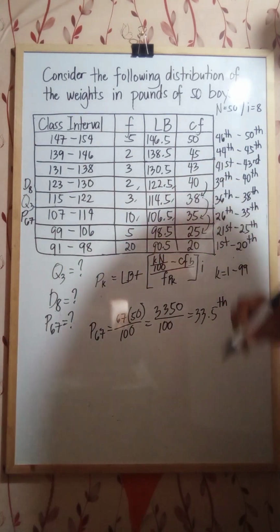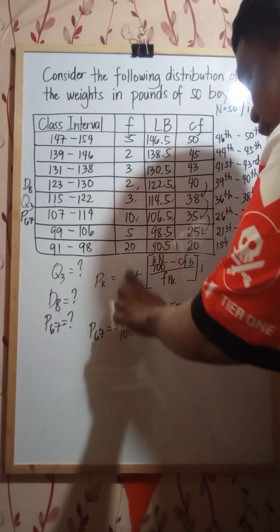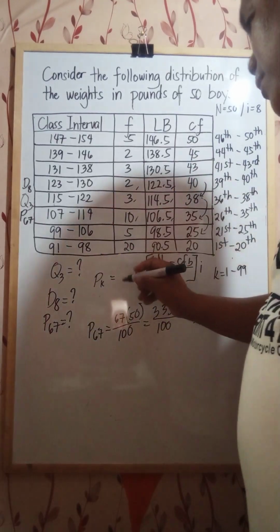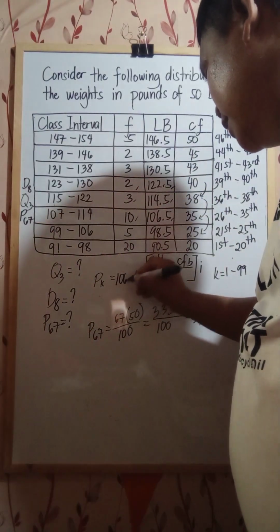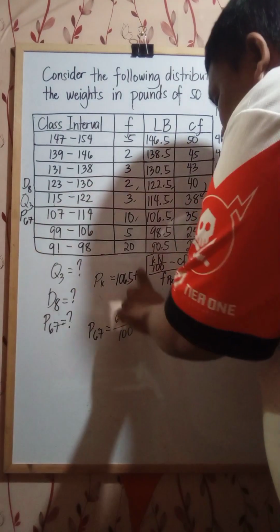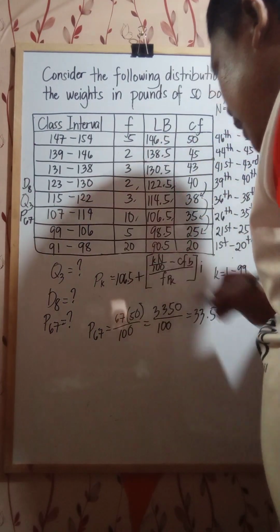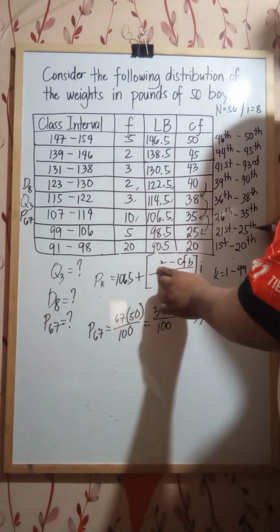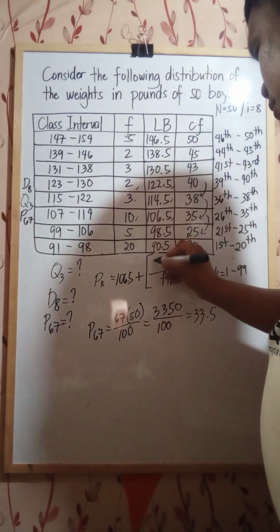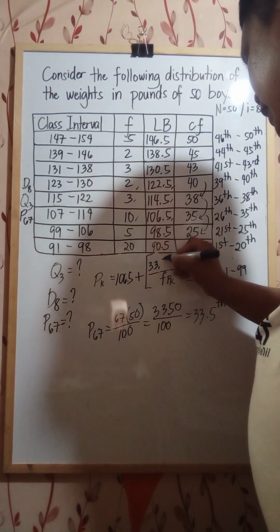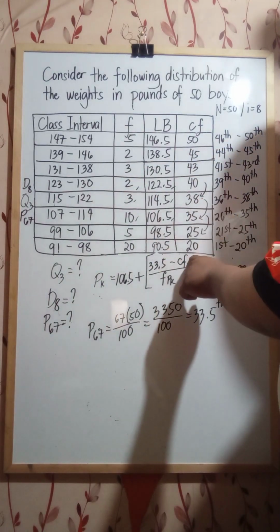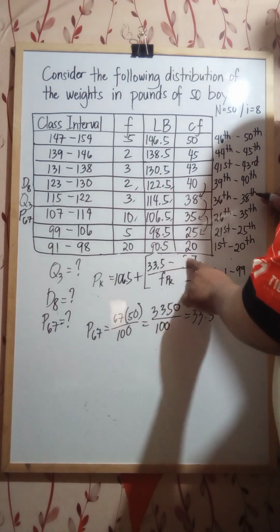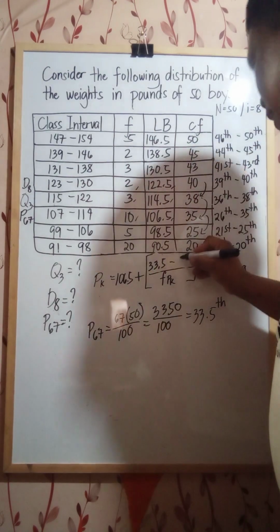So 33.5 minus the cumulative frequency before the P sub 67, that is 25.